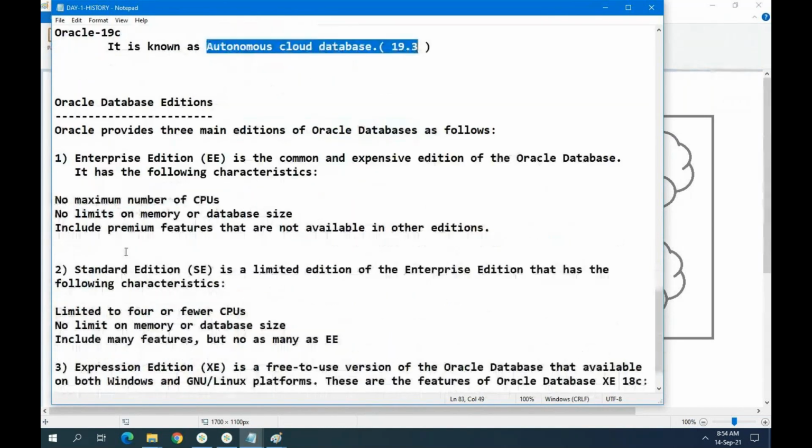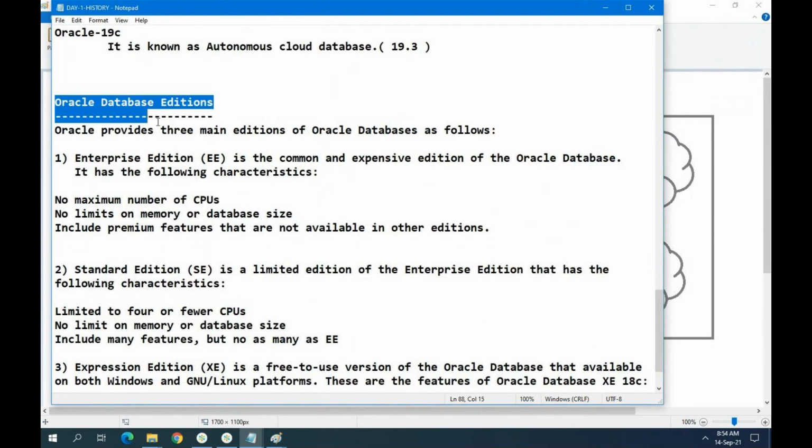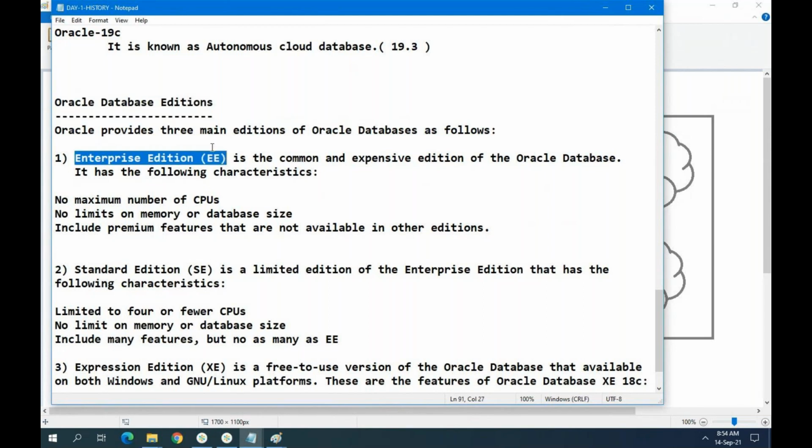And what are the database editions? For small businesses we need one edition, for very big businesses we need another edition, and for practice purposes, like for students and learners, another edition. Enterprise edition is expensive and suitable for any kind of business.